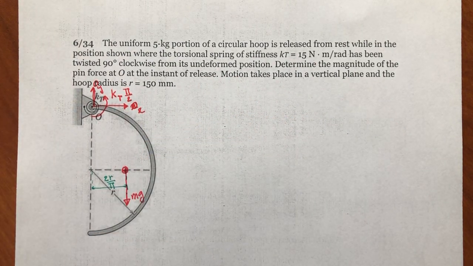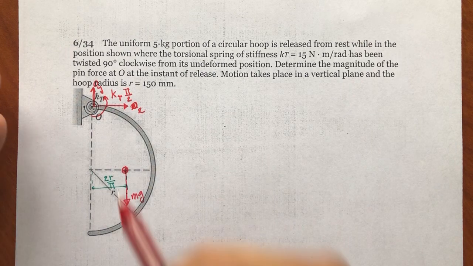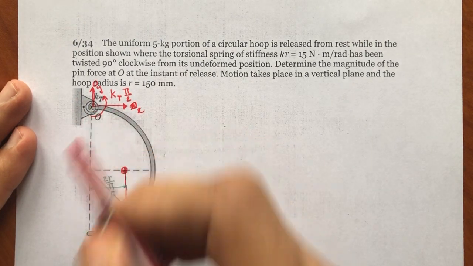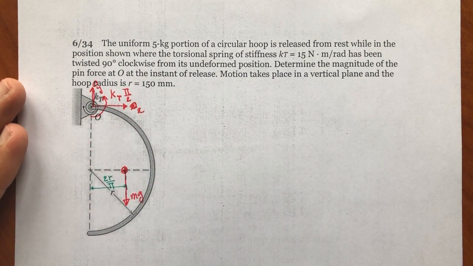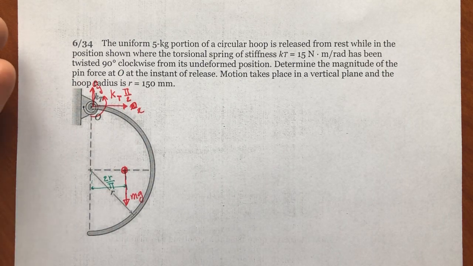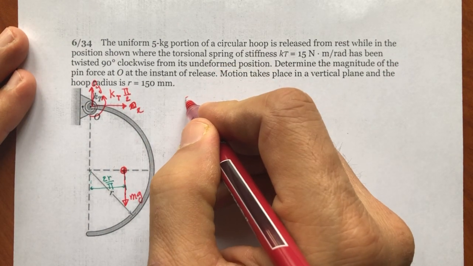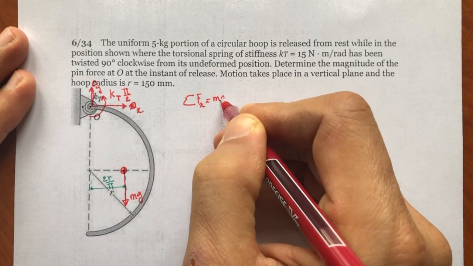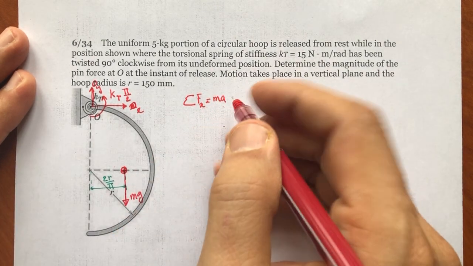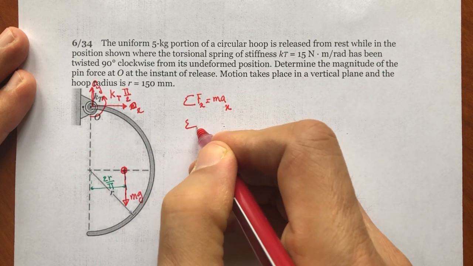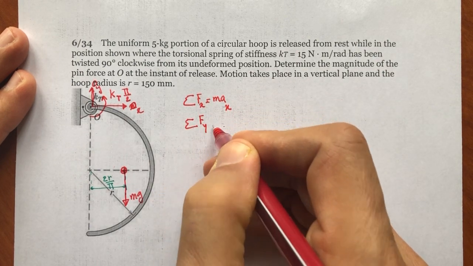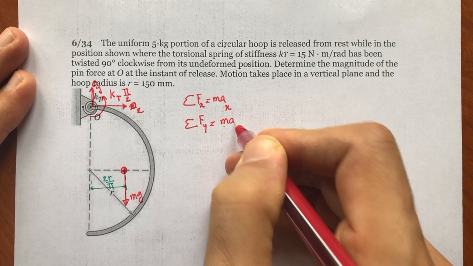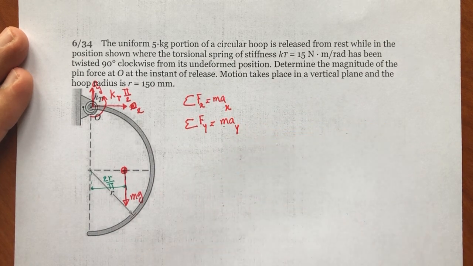This is our free body diagram, and we know this body is rotating about a fixed point, O. So the dynamical equations we can use: sum of the forces in the x direction is equal to mass times acceleration of the centroid in the x direction. Sum of the forces in the y direction is equal to mass times acceleration of the centroid in the y direction.